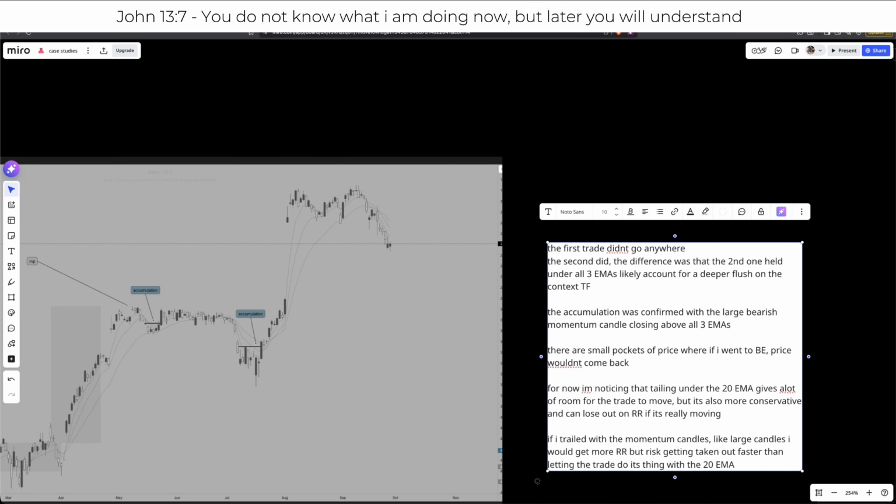With the 20 EMA, maybe I could do a 2 TP system where it's a 50% and then a full close.